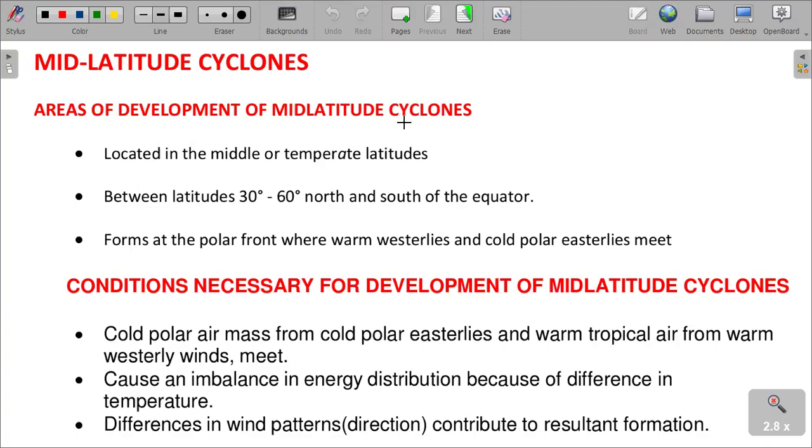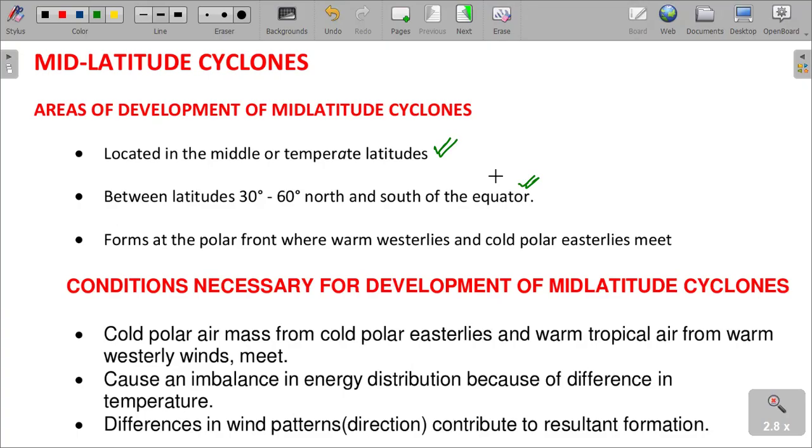So, areas of development of mid-latitude cyclones: you understand that they are located in the middle or temperate latitudes, which is between 30 and 60 degrees latitude, both north and south of the equator. So what I want you to understand is that mid-latitude cyclones are found in the middle or temperate latitudes, between 30 and 60 degrees north and south of the equator.